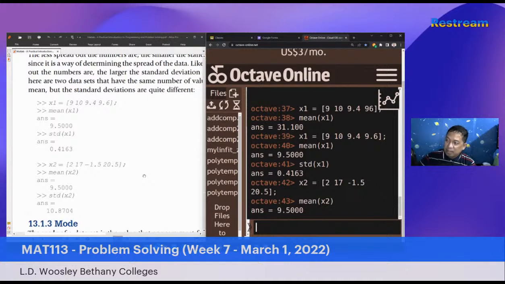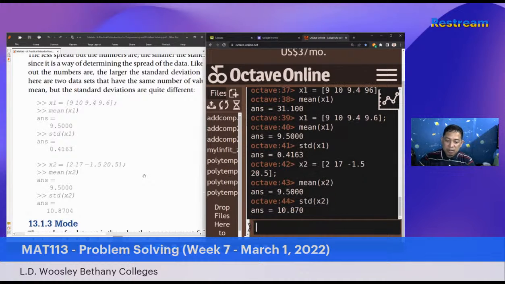Pareho sila ng mean in terms of data set. However, when we compute the standard deviation of x sub 2, this is 10.8704. Unlike your x sub 1, it's just 0.4163, meaning napakalawak ng spread niya.